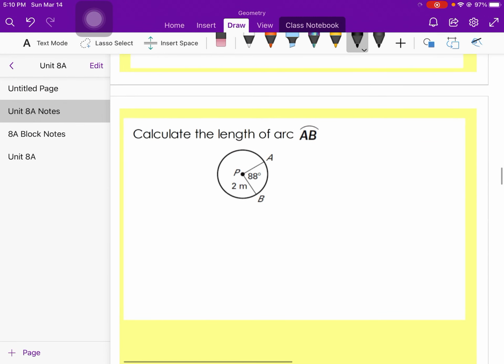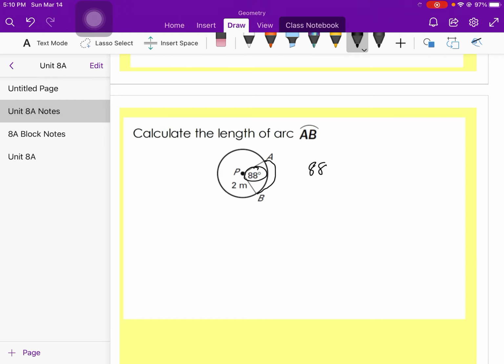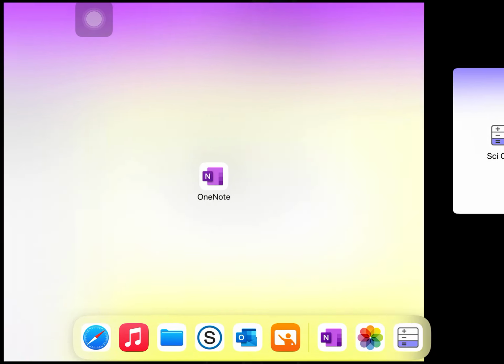All right, let's go on to the next one here. So think about the angle that we have. 88 is our central angle, which makes this 88 out of 360, and then we're going to multiply that by 2 pi, and the radius this time is 2. So we could also just type this in all in one step.